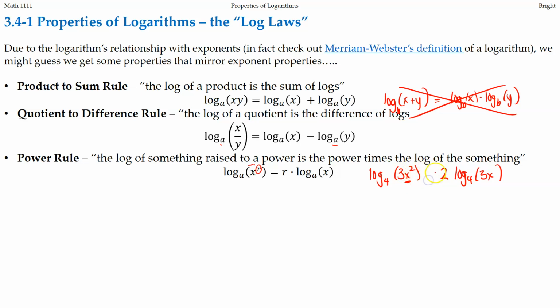If you wanted to say this was true, what we would need to see inside is that the 3x, all of it, would have the exponent of 2. Then this statement is true. So just be careful with these. There's a lot of little nuances.